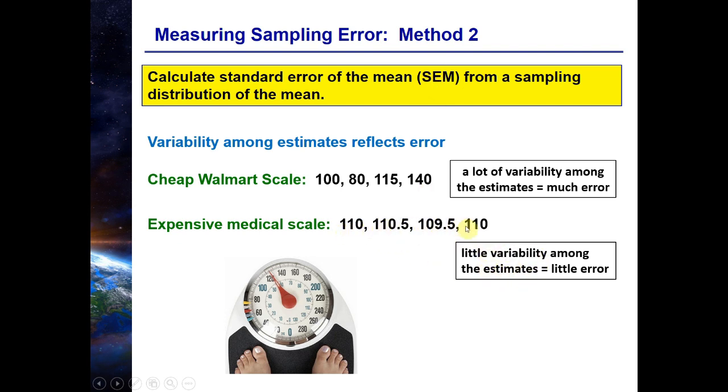Pretend these are all X bars. We're going to use that statistic, SEM, standard error of the mean. We're going to look at the variability among these estimates. We get a small number. That means there's very little error. However, if we were to get a bunch of X bars and they all disagree with one another, SEM will be a high number, and that means there's a lot of error. Okay?